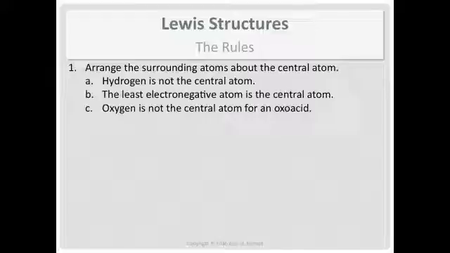But in general, one central, a bunch of surrounding. Why is hydrogen not the central atom? Well, we'll get to that. I'm not going to worry about electronegativity right now. We'll worry about that later. And then why isn't oxygen the central atom for an oxoacid? We'll get to that later.